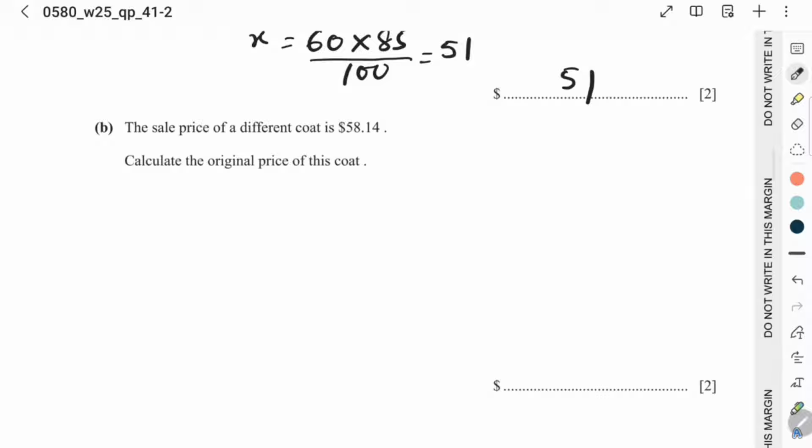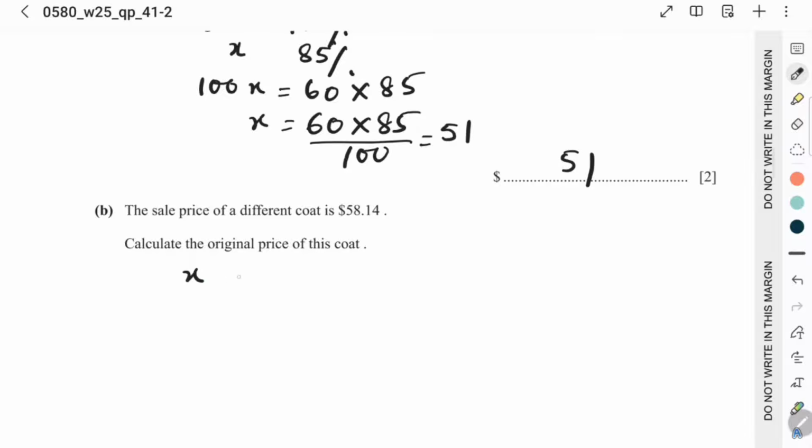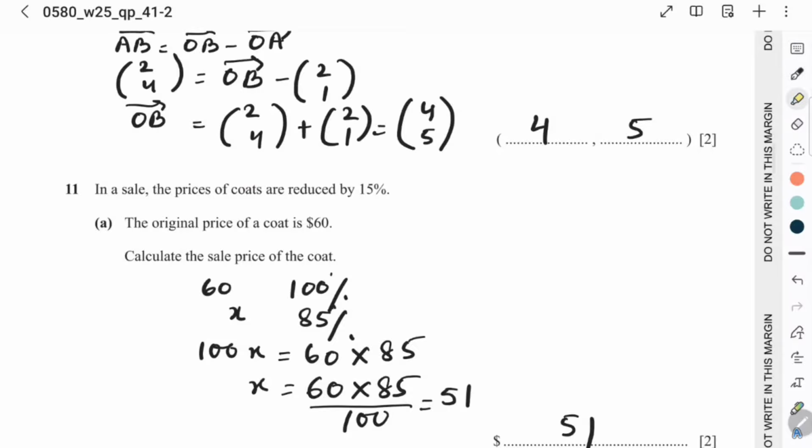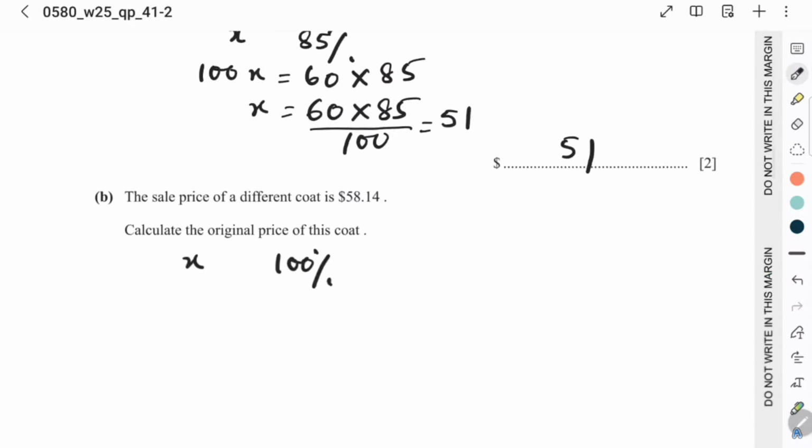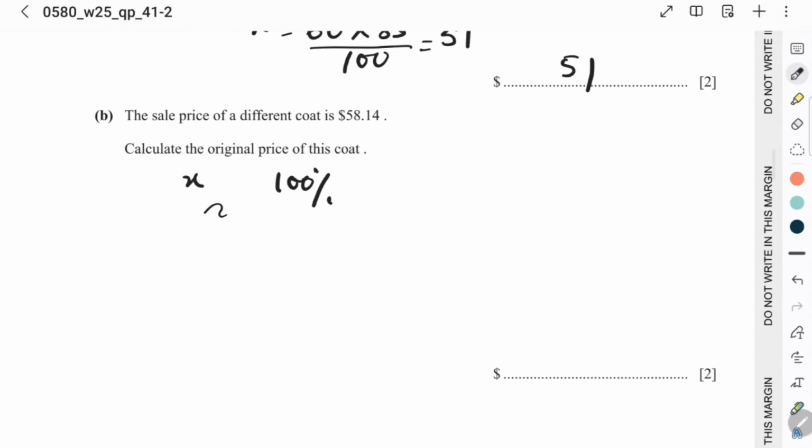Part B, the sale price of a different coat is 58.14, find the original price. So the original price is always x and 100%. Remember, we are just using the same thing. It is reduced by 15% for both parts. So now 58.14 is 85% because it's the sale price. Cross multiply. Simply take your calculator and find your answer.